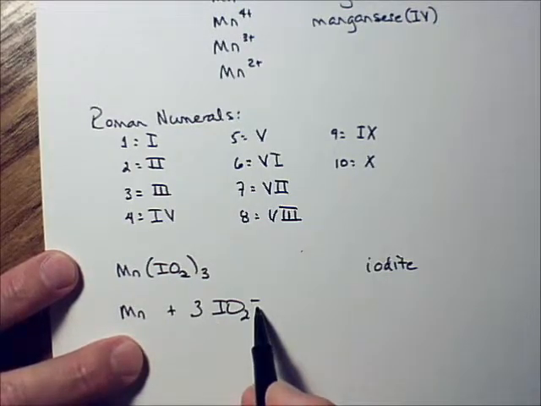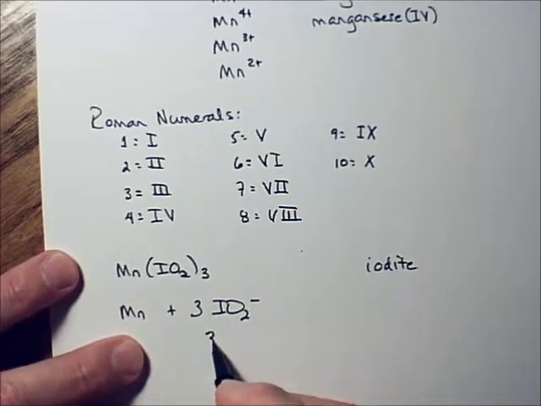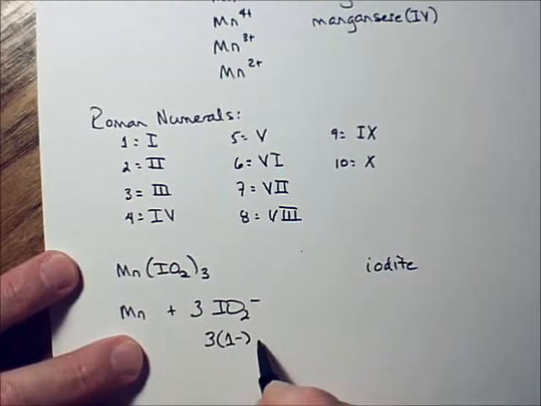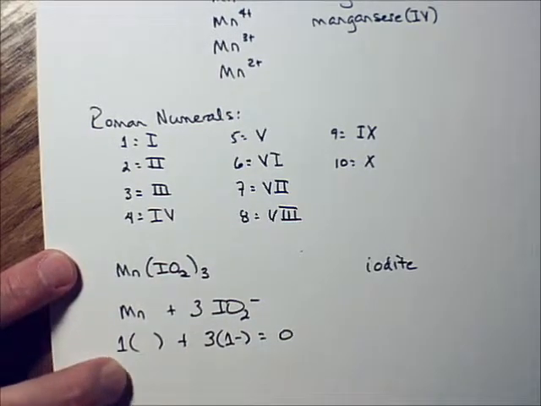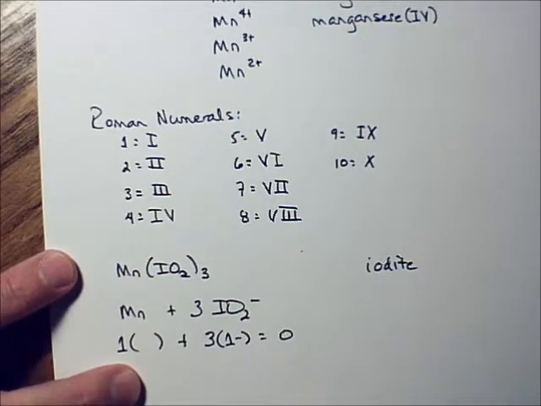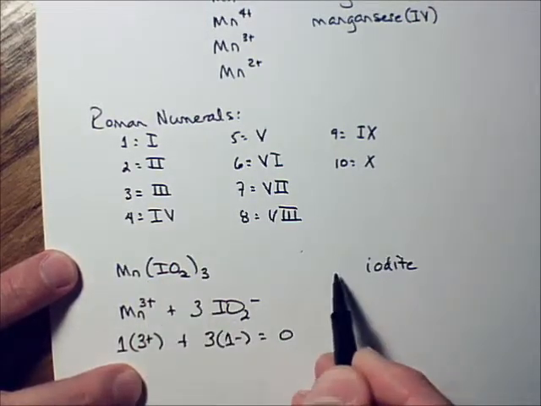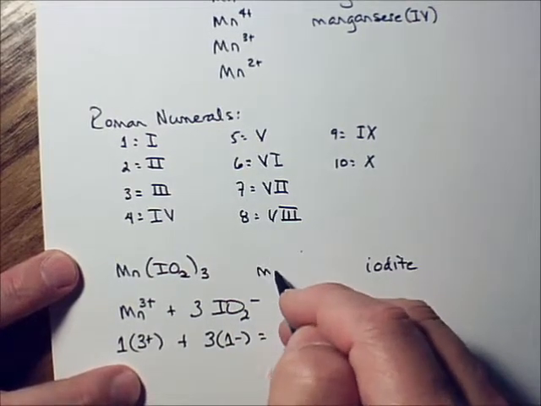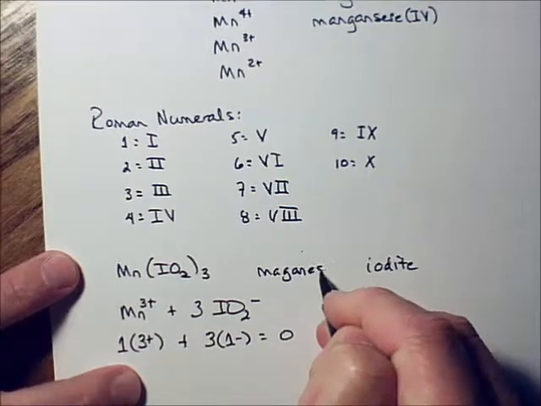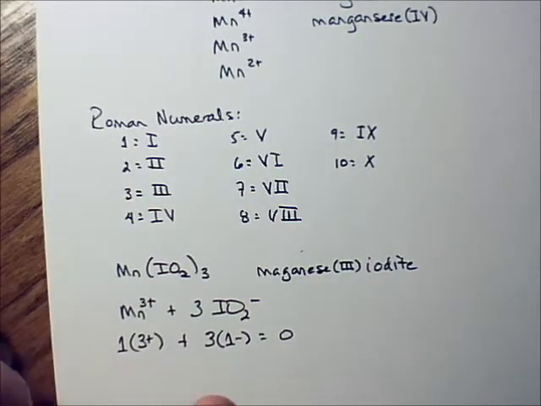If this is 3 negatively charged particles, then this will be 3 plus. 3 times 1 negative. So I have 1 of these. What charge has to go there? 3 positive. Okay? So the charge on this manganese is 3 positive. Therefore, what's the name? Manganese(III). You were really thinking that. Okay, manganese(III) iodite.